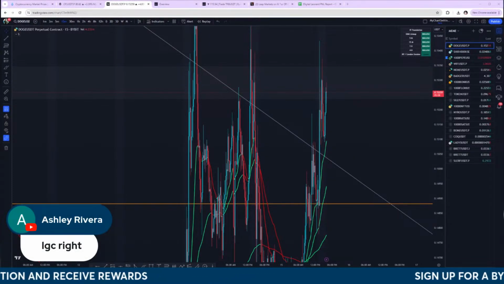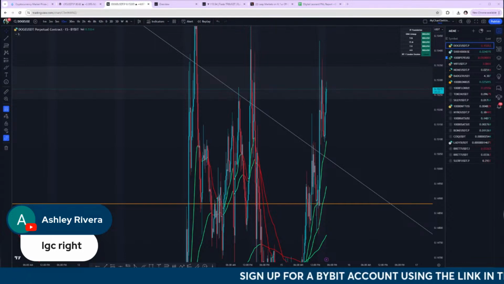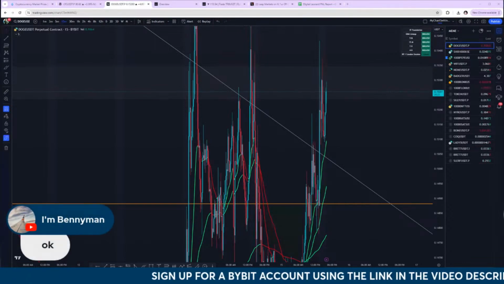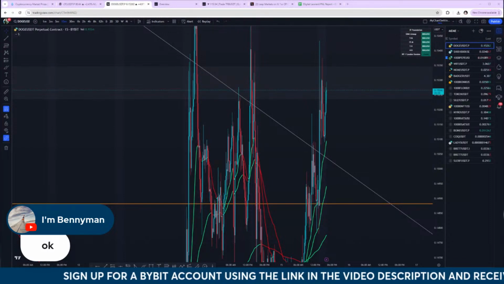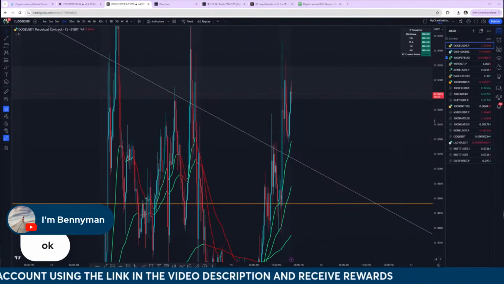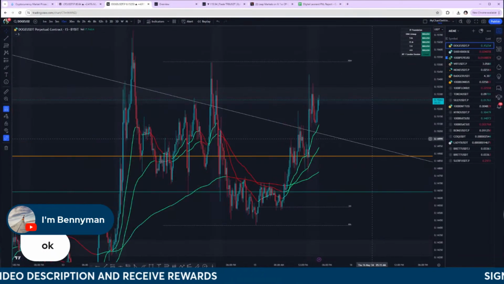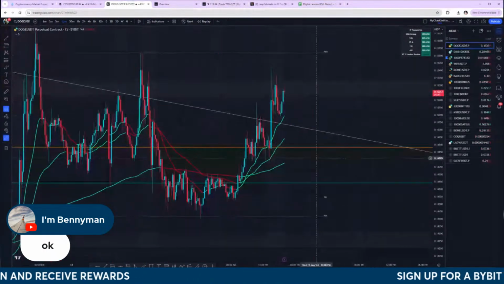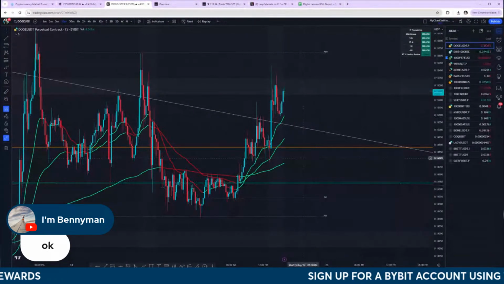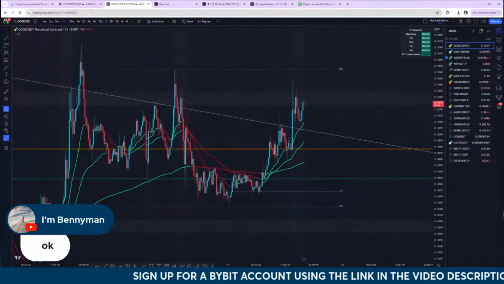L for leader, T for teacher, and C for cat. Yes, it's LTC. For Dogecoin, let's see how it goes. I'll be waiting for the 1 minute time frame to give me a signal to actually short. So I'll be looking for a short opportunity on Doge.